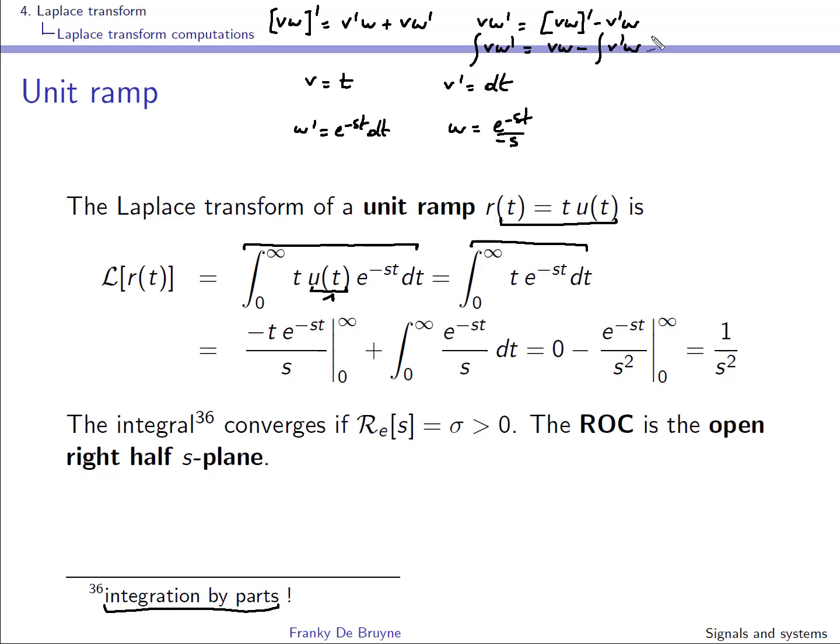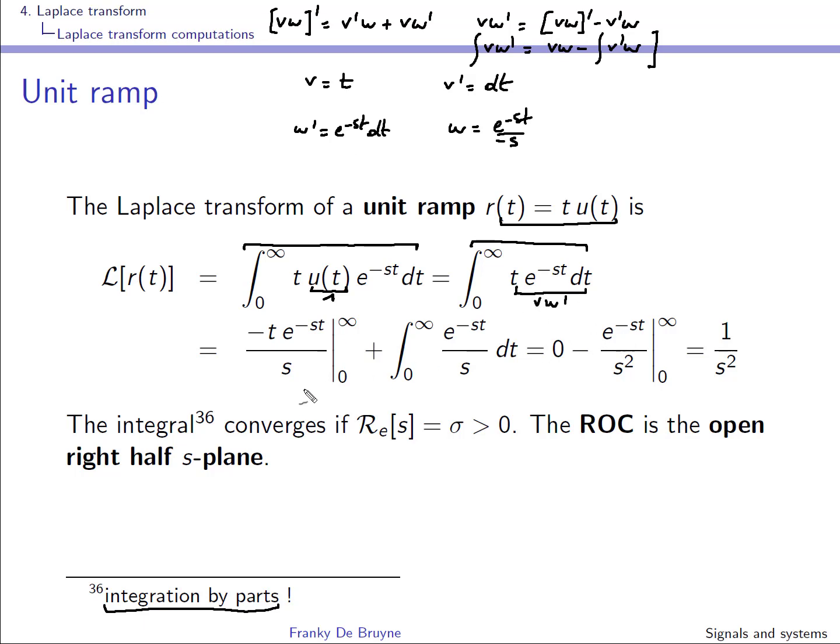Now we can use our formula. This is indeed the integral that we are interested in. It's the product of this one and this one, dt. So this is indeed VW prime.